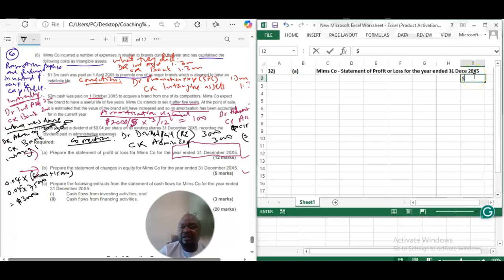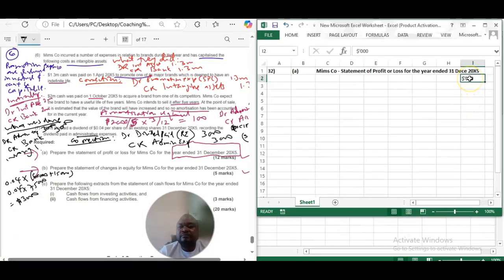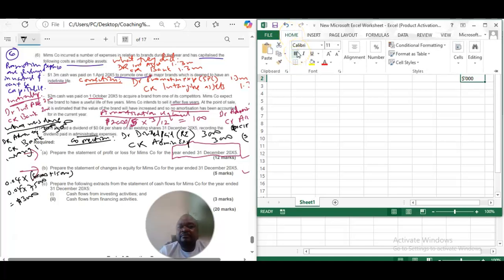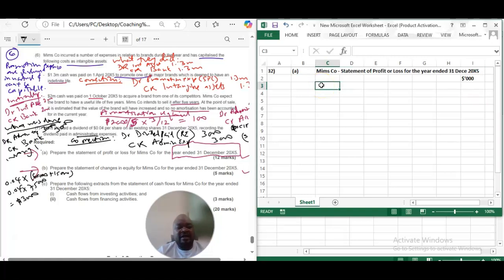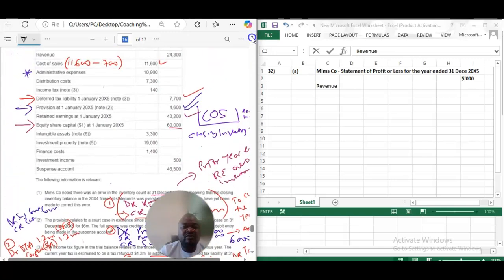My machine is misbehaving. All right, so we can do the formatting, so that you guys will see it properly. Okay, so being a statement of profit or loss, we start with the revenue, and the examiner has been very generous. There hasn't been any adjustment related to revenue.